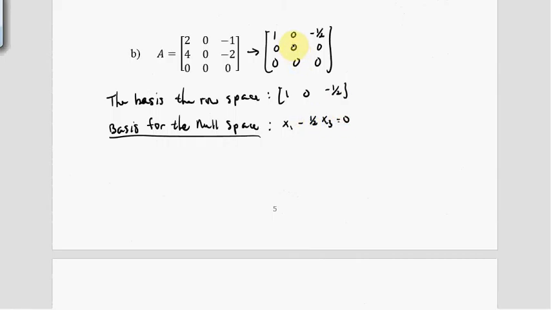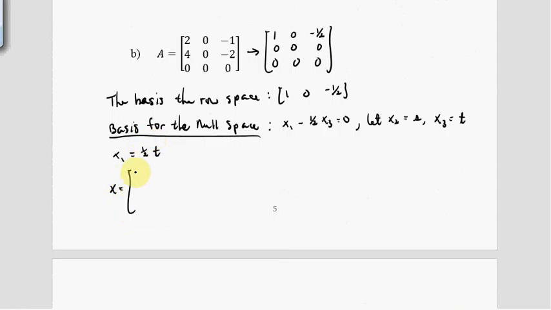X sub 2 and x sub 3, there's a 0 on the main diagonal. Doesn't mean they go out. It just means that their values are arbitrary. So we let x sub 2 equal to s, x sub 3 equal to t. If that be the case, x sub 1 is equal to 1/2 t.